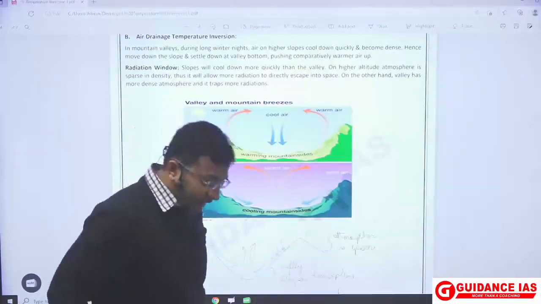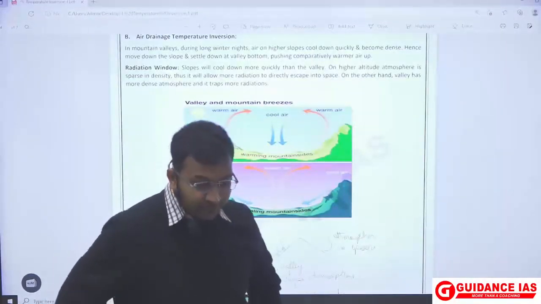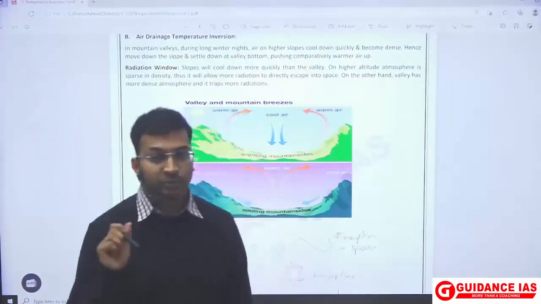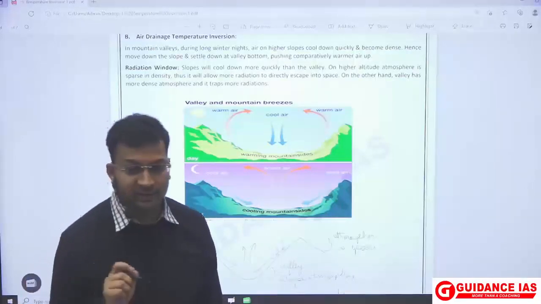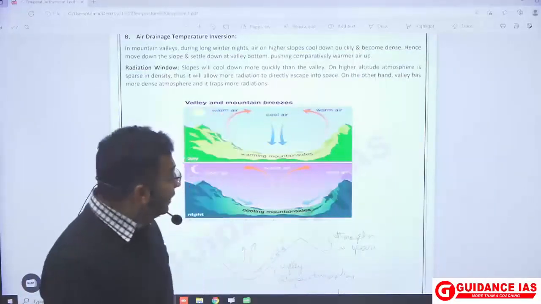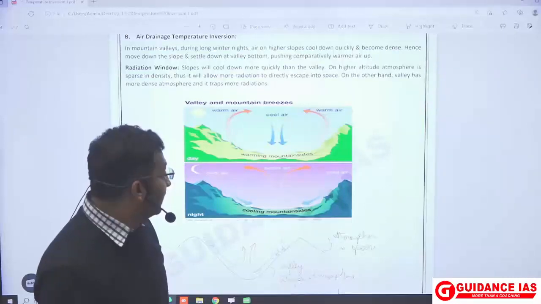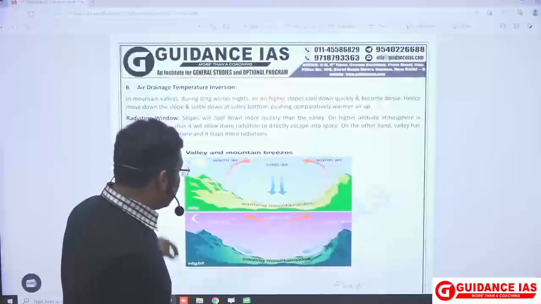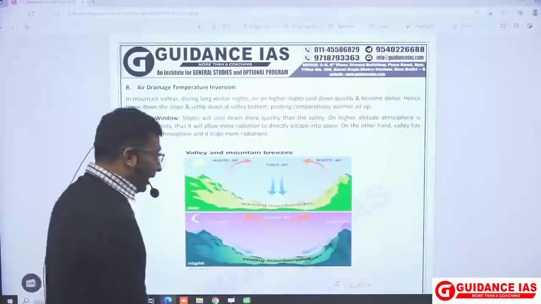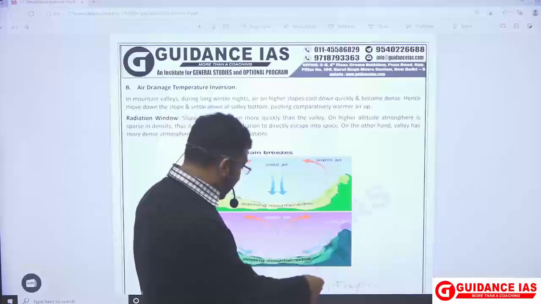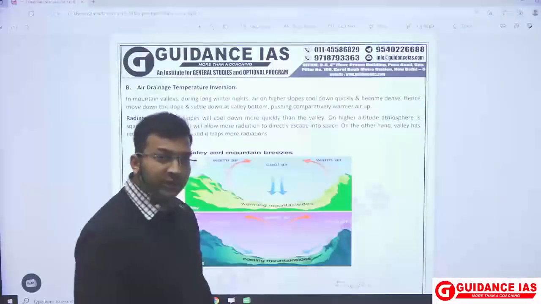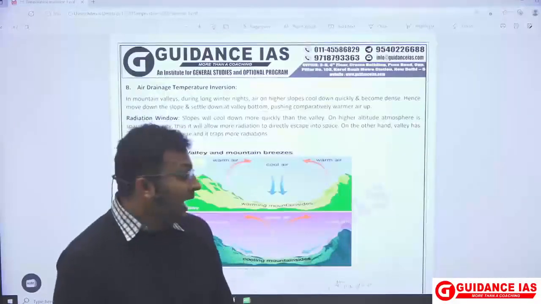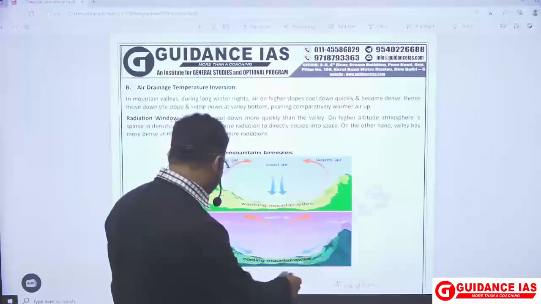But during night time, due to the effect of radiation window, mark this word, radiation window, I'll explain this in a short while, the cool air at higher reaches of the mountain becomes dense and heavy, and it moves along the mountains.